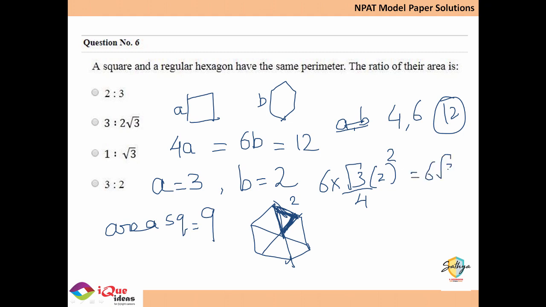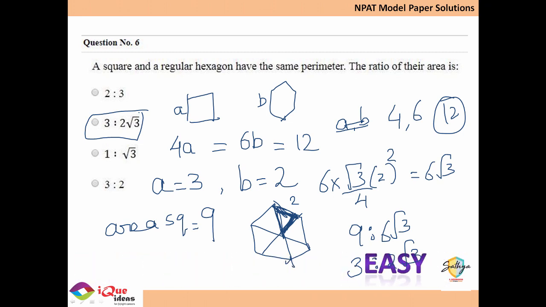Simplifying this, 6 root 3. So the areas are in the ratio of 9 is to 6 root 3. If you simplify this, the area is nothing but 3 is to 2 root 3. So the square and hexagon having the same perimeter will have the areas in the ratio of 3 is to 2 root 3.